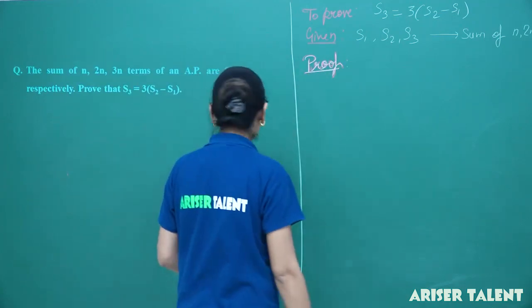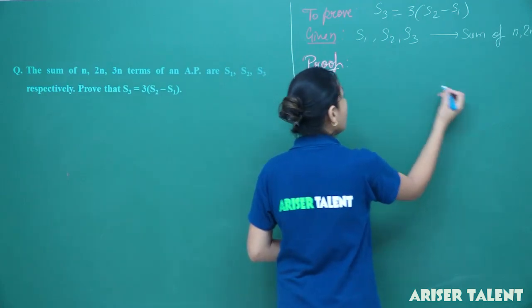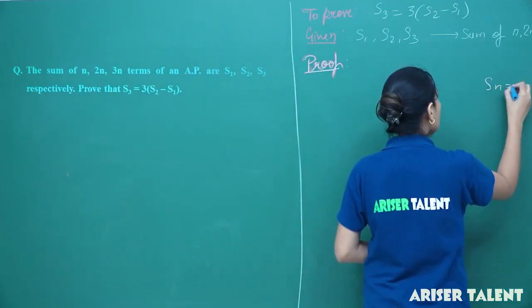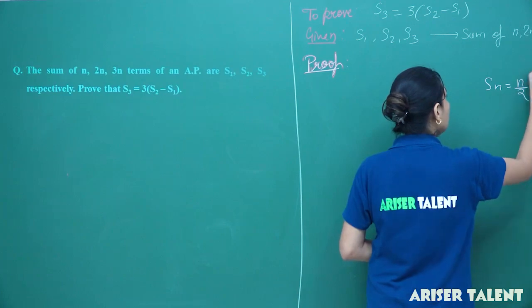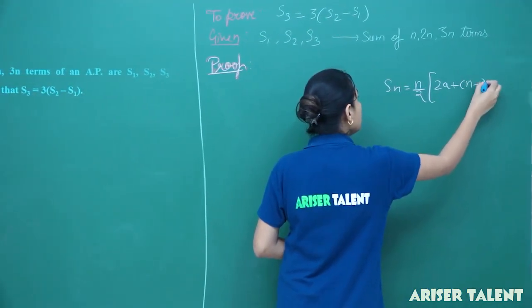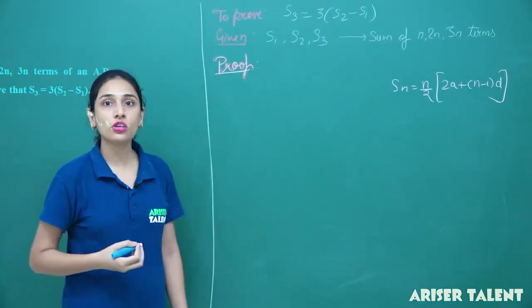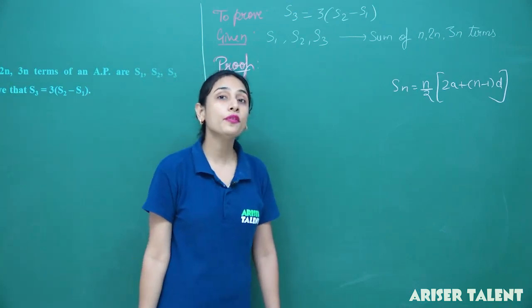For the proof we use the basic formula. The basic formula is Sn equals n by 2 times (2a plus (n minus 1) d). Now you will tell me that in the previous question you wrote a different formula, ma'am.